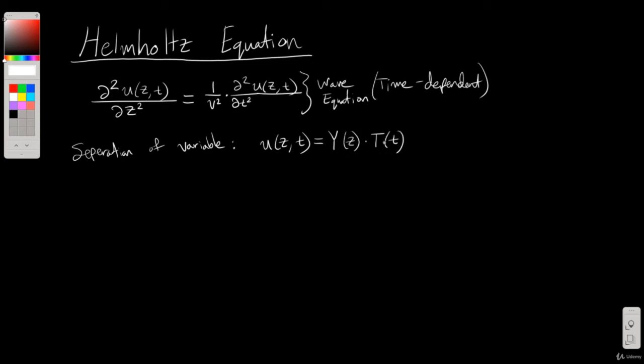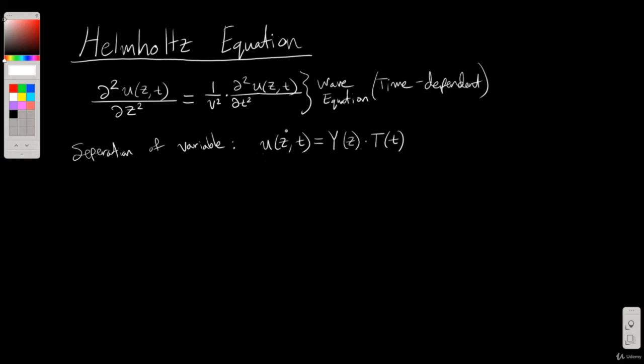What this essentially is right here is I'm rewriting this form of the wave solution in terms of its spatial dependent part and its time dependent part. And the multiplication of the two gives us our full wave solution. And so I'm rewriting it as Y of z and T of t.